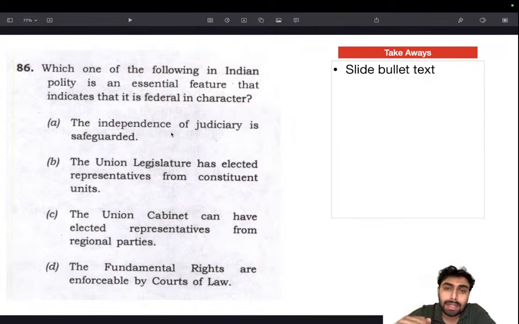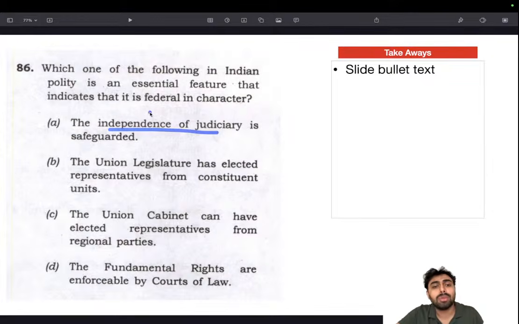And this independence ensures that the federal nature or the federal character of the constitution remains intact, irrespective of the political changes that are happening. So that's how judiciary is related to federalism. Because having an independent judiciary, meaning separation of powers and checks and balances, ensures that the federal character, which is a basic part of our constitution, is safeguarded.